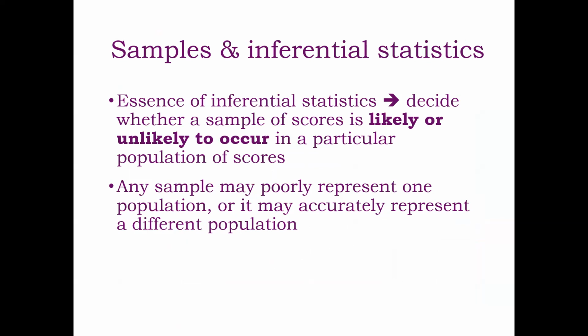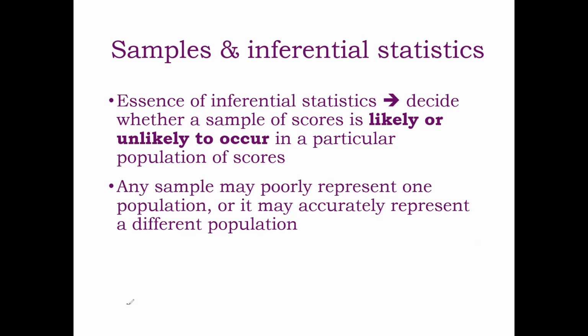Basically, the essence of inferential statistics is deciding whether a sample of scores is likely or unlikely to occur in a particular population. To understand this, we have to remember that any sample may poorly represent one population or may accurately represent another. I'm going to try to draw this, even though it's terrible, but it's really important.